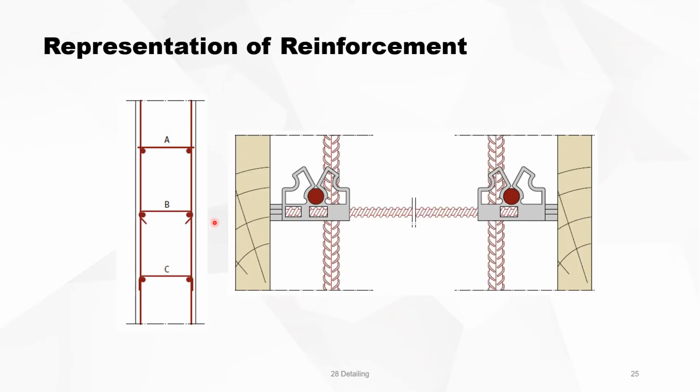For a wall, you can use elements like B and C. You can use plastic holders. You can use holders where you put the bar in so that they are fixed and that they cannot move around during concrete pouring.